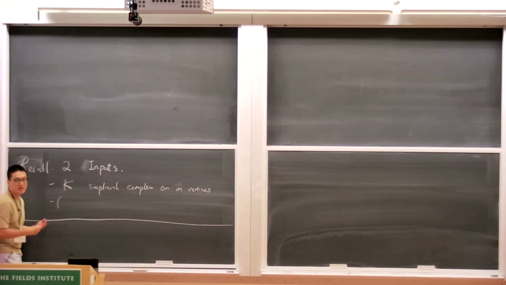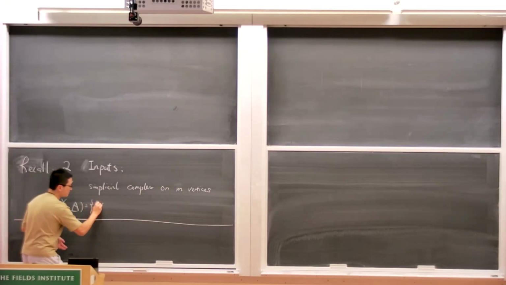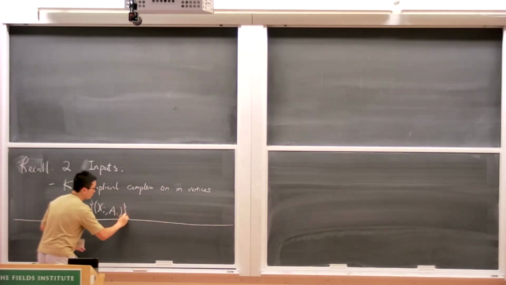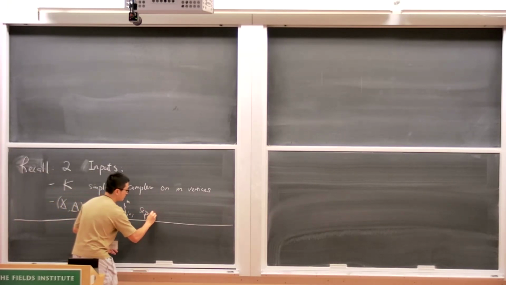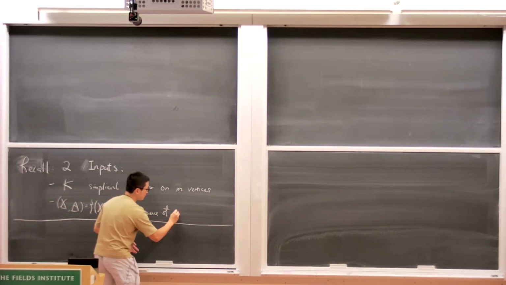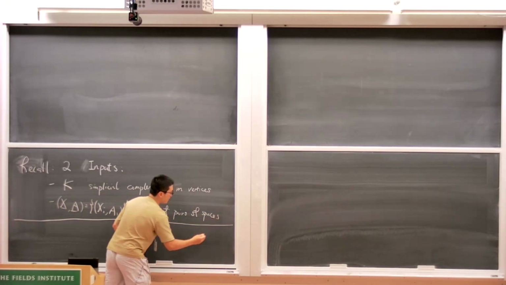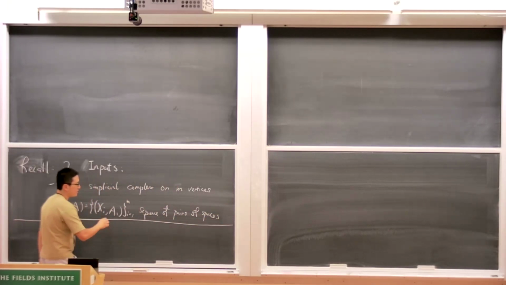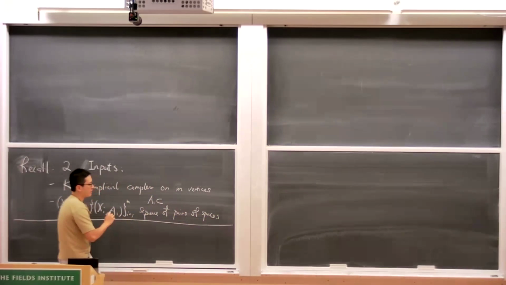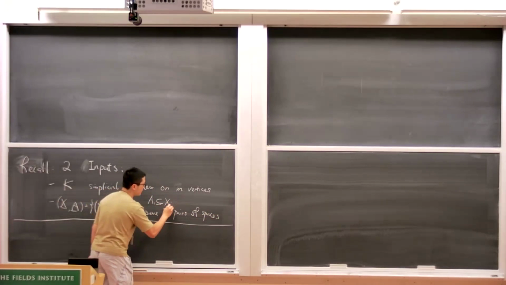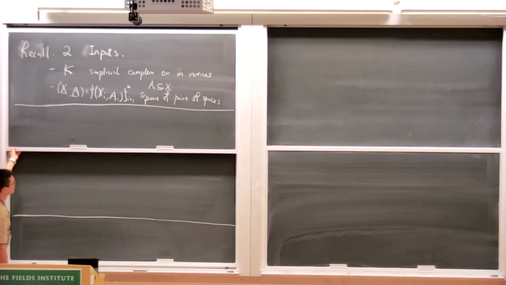And the second input is a sequence of pairs of spaces. In particular, by a pair of spaces I mean that for each i, A_i is a subspace of X_i.